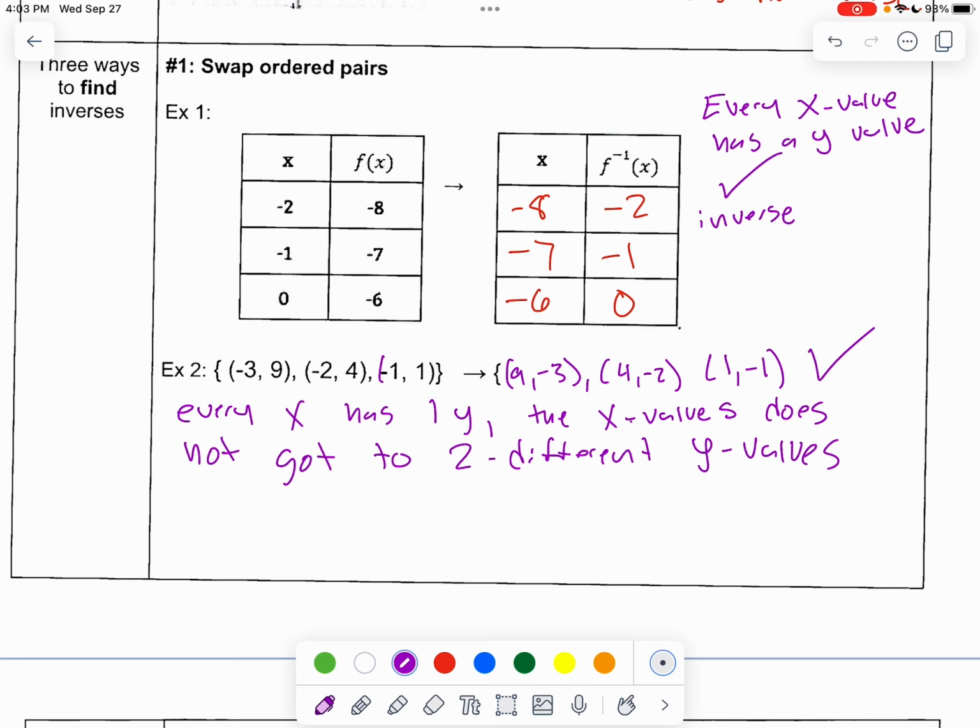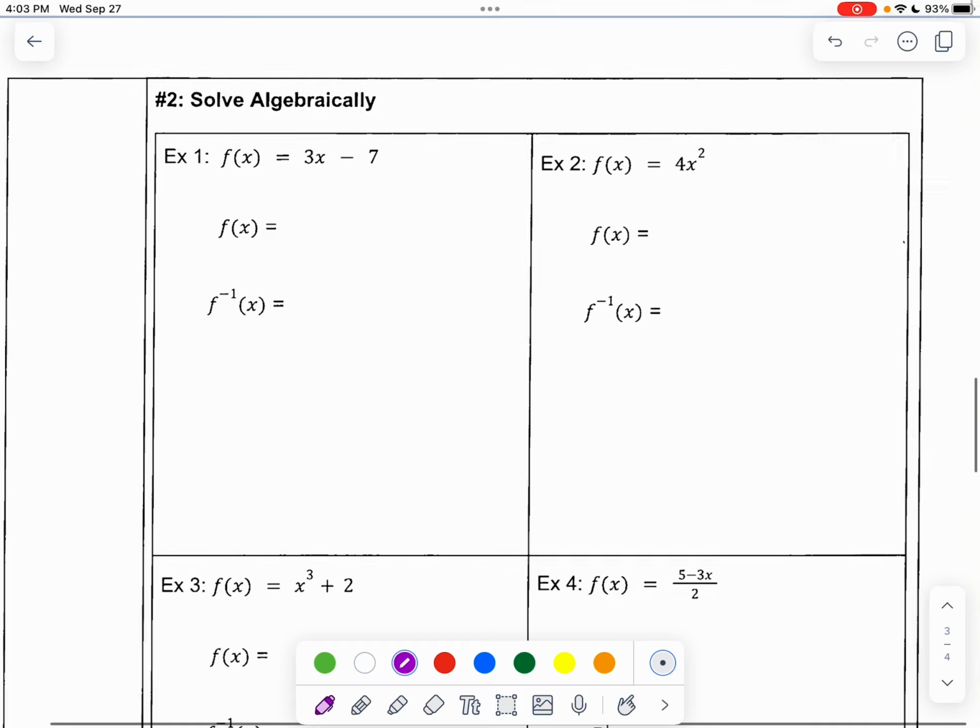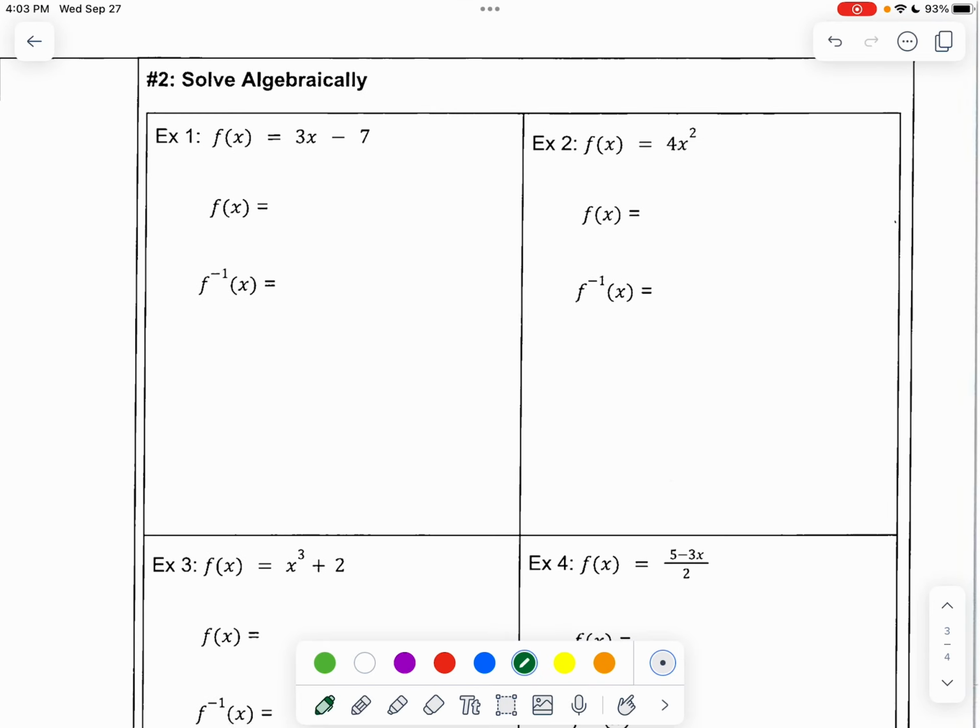Moving on to the next part, solving algebraically. So we can call this one informal, where you verify or find the inverse and just see if it works.